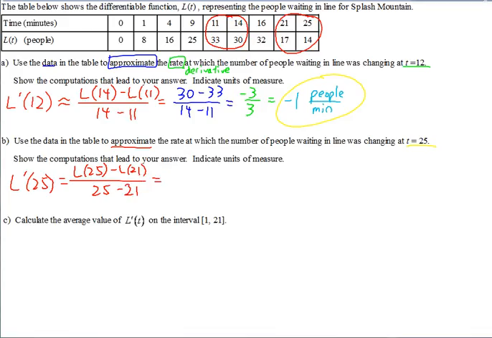L of 25 is 14. L of 21 is 17. So 14 minus 17 equals negative 3 over 25 minus 21, which is 4. Negative 3/4, and the units for L again are people. Just look at the units of the numerator, divided by the units for time, which are minutes. So people per minute.